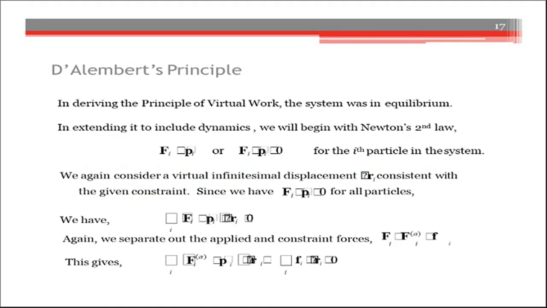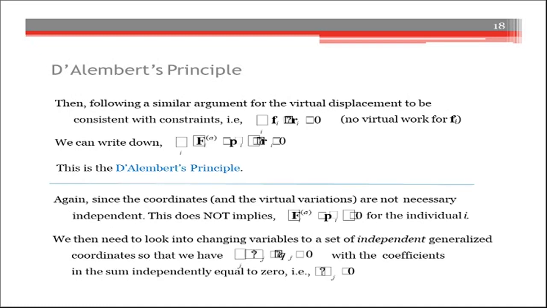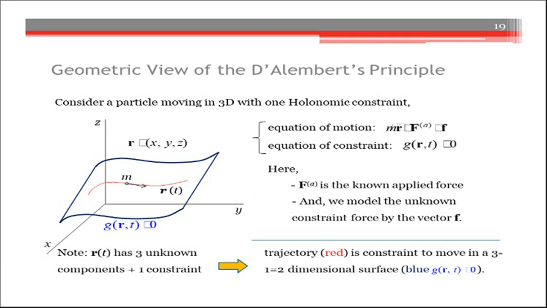Extending to include the dynamics, we begin with Newton's second law, and after solving we get this equation: the sum of (F_i minus p_i dot) dot delta r_i equals 0, called D'Alembert's principle.